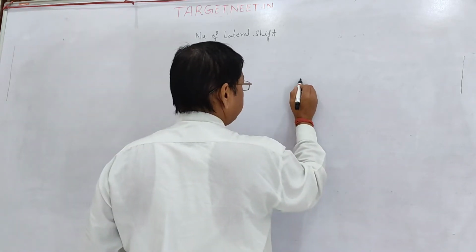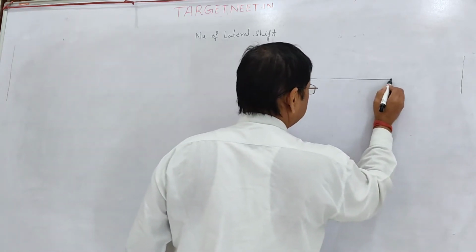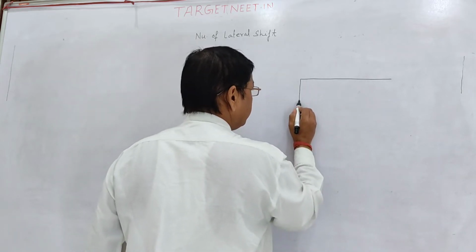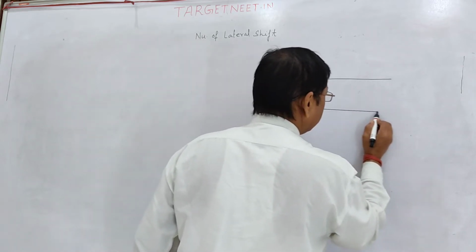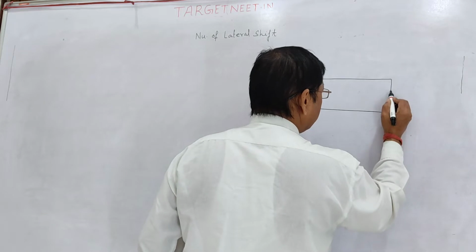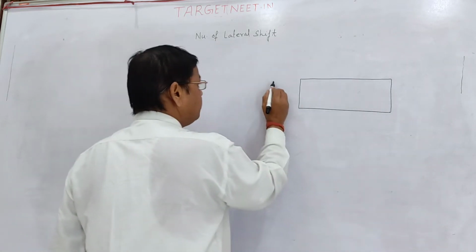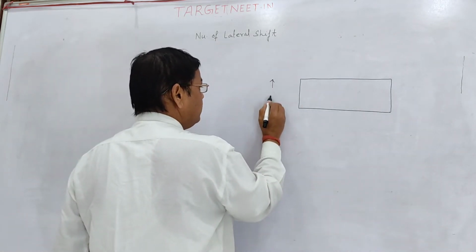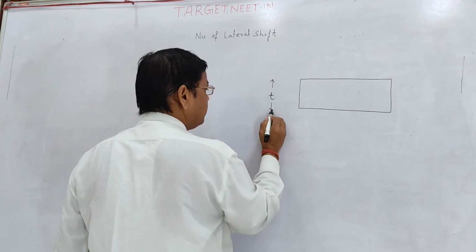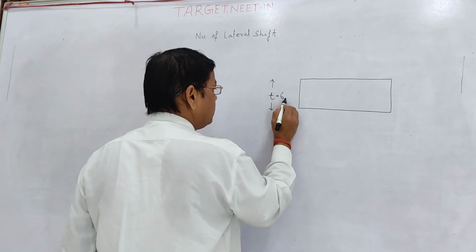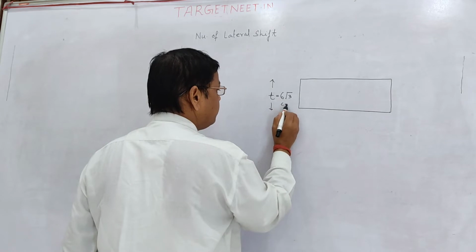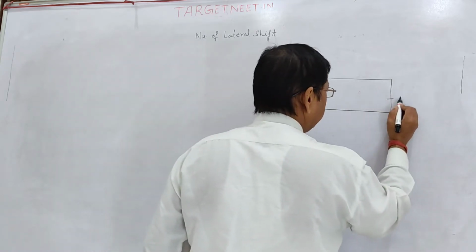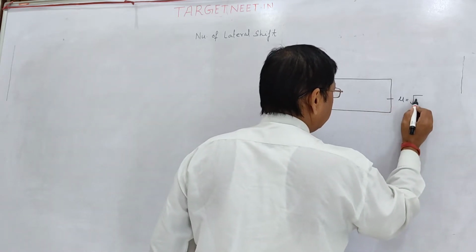Suppose this is a glass slab whose thickness is 6√3 centimeter and its refractive index is √3.